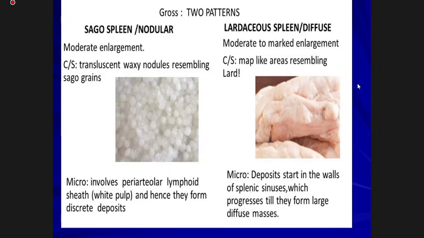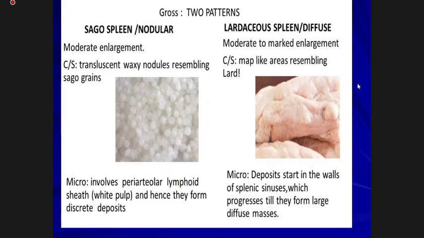Grossly, it has a different appearance in your spleen. There are two types. Of course, the organ will be enlarged; this is the gross appearance. In the spleen there are different areas: white pulp and red pulp, remember?